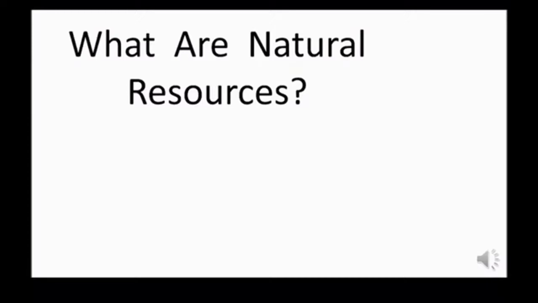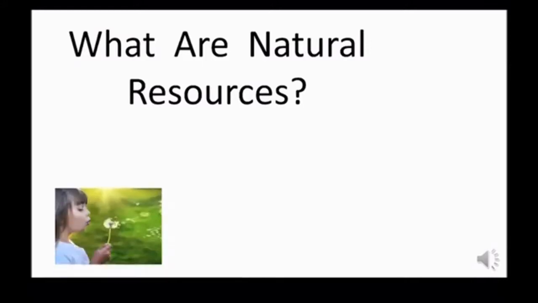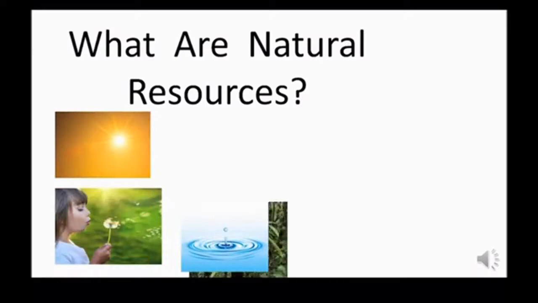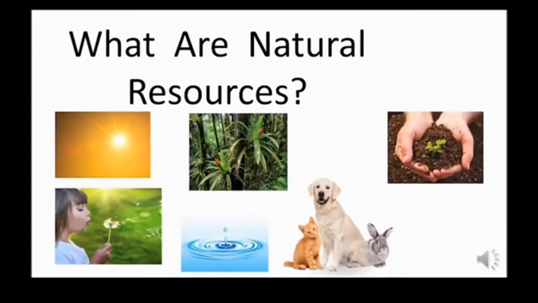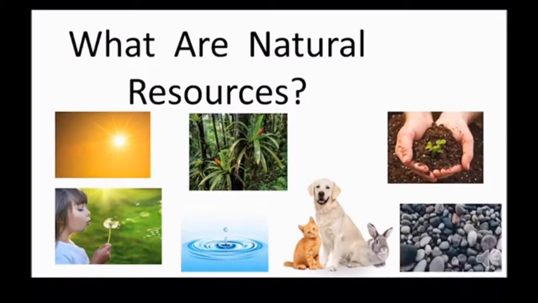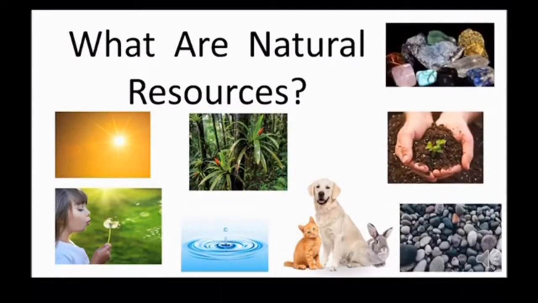Earth's natural resources include air, water, sunlight, plants, animals, soil, rocks, minerals, and so much more. How many of them did you get? Excellent! Good job!